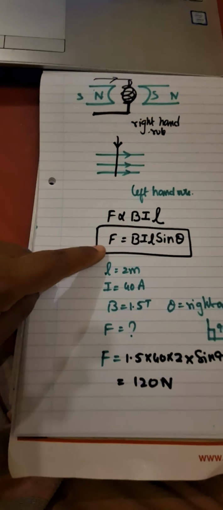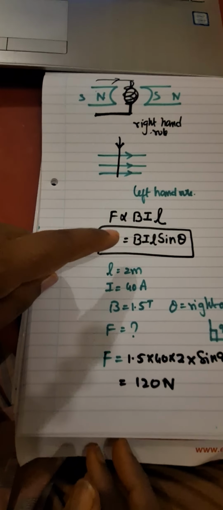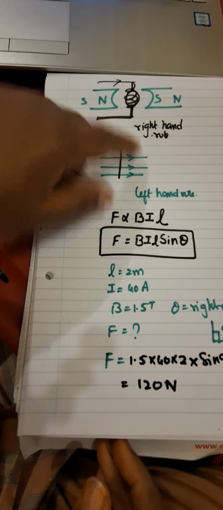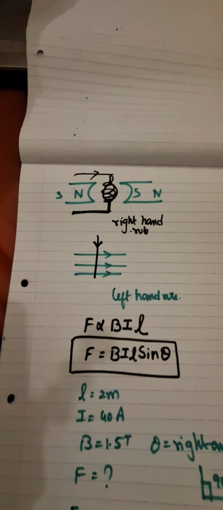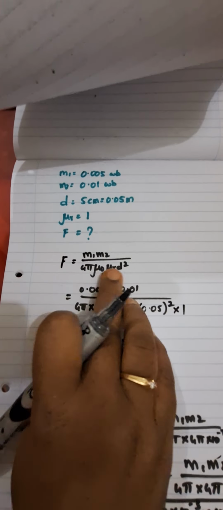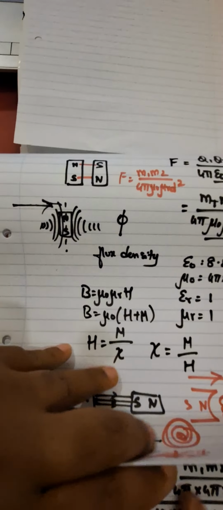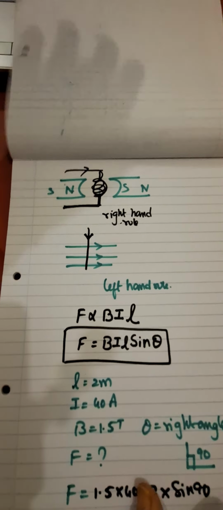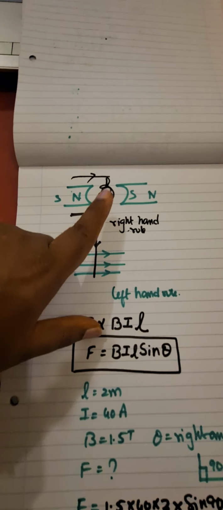Okay. So here this force is nothing but the force on the conductor when it is placed in between the magnets. And here there is another force which we are talking about. That force is just between the magnets. So the force F is equal to M1 M2 over the distance squared. This is the force between two magnets, and the other is the force when they are placed with a centered coil.